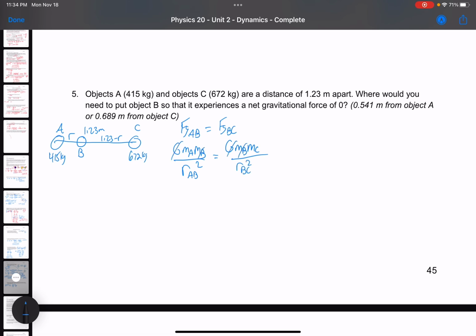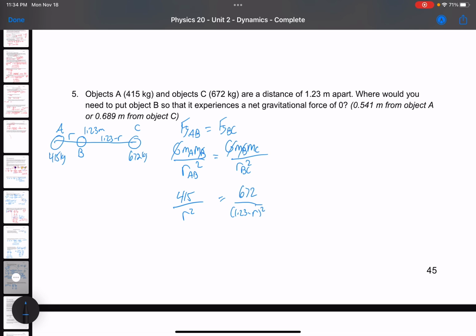Notice how the mass of the object in the middle doesn't matter. So the mass of A, 415. Mass of C, 672. And I said I was calling this one R, so it's R squared. And this one is 1.23 minus R squared.